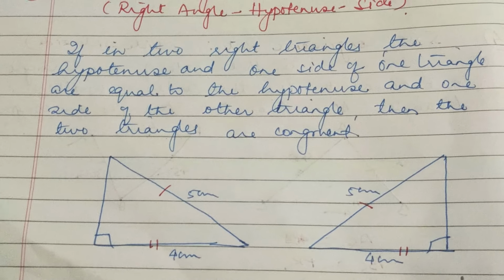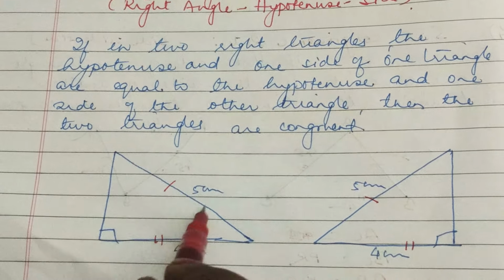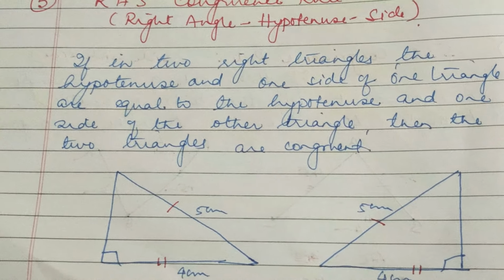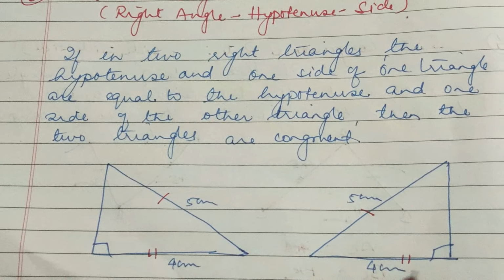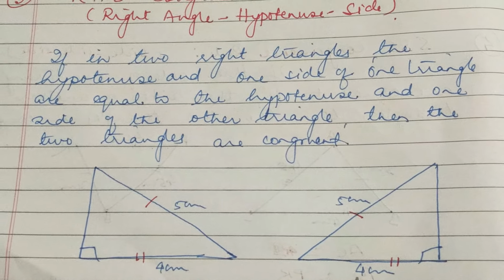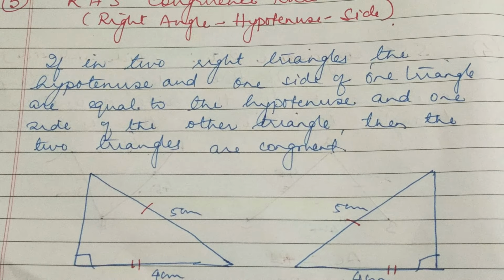It is a right angle triangle. So here you will find that the hypotenuses are equal and one side is also equal to a side of the other triangle. In this case, the two triangles are said to be congruent by RHS congruency rule.